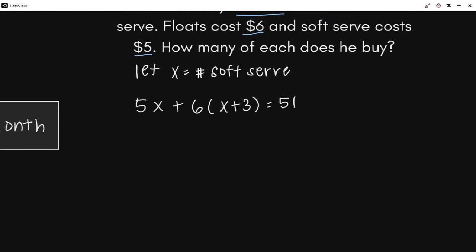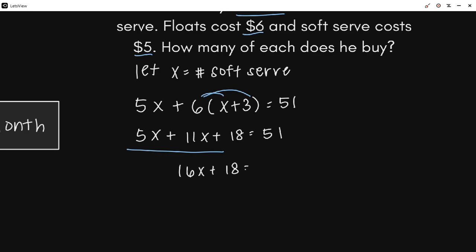So now to solve this, we're going to first distribute. So 5x plus 11x plus 18 equals 51. And then we're going to combine like terms since they both have an x. So 16x plus 18 equals 51. And then we're going to subtract 18.